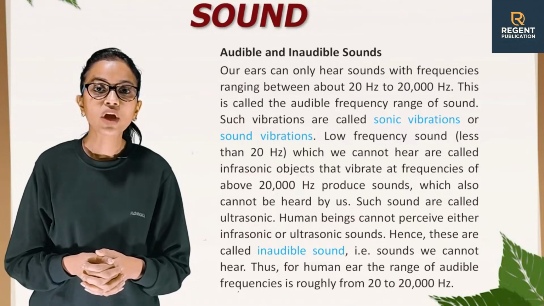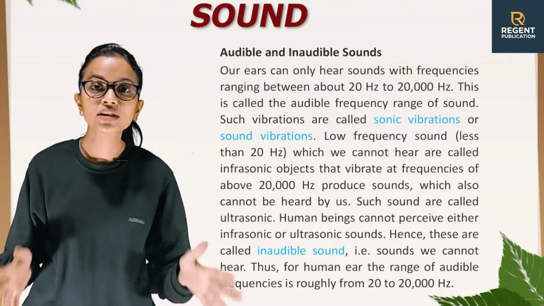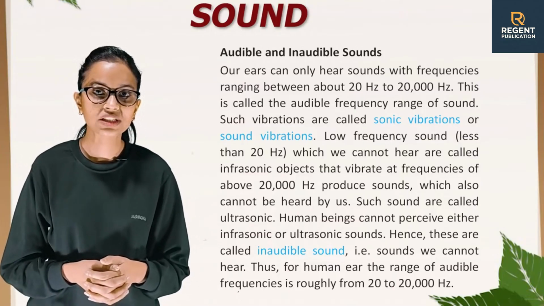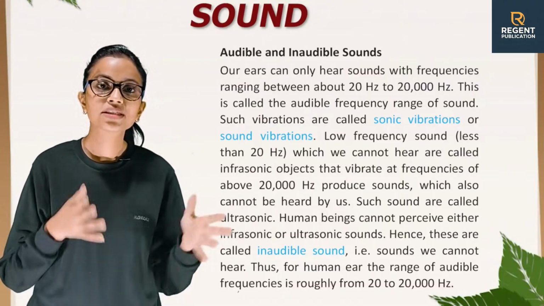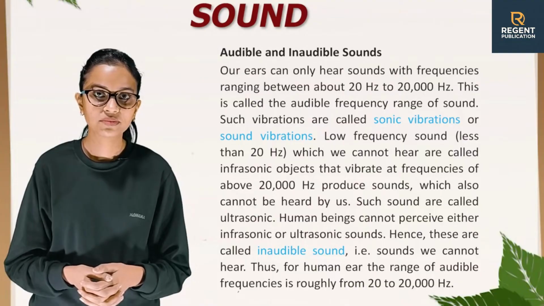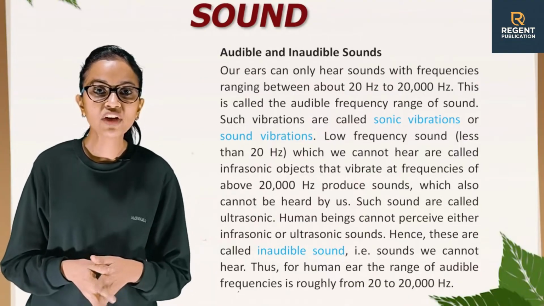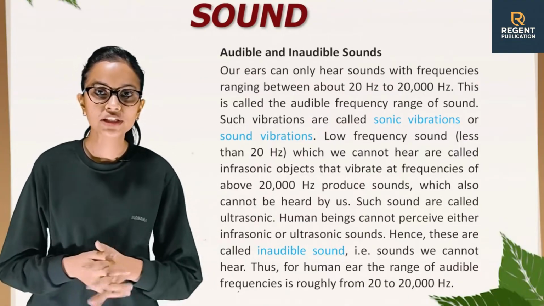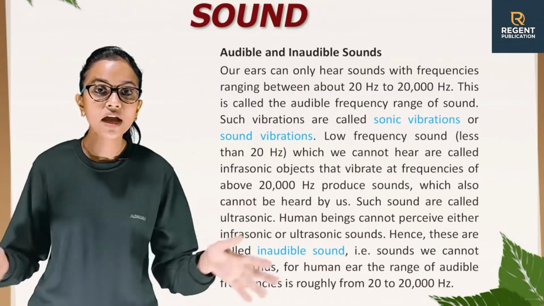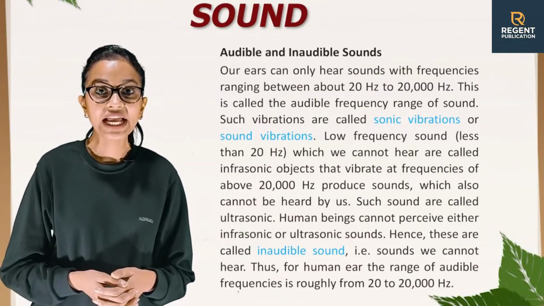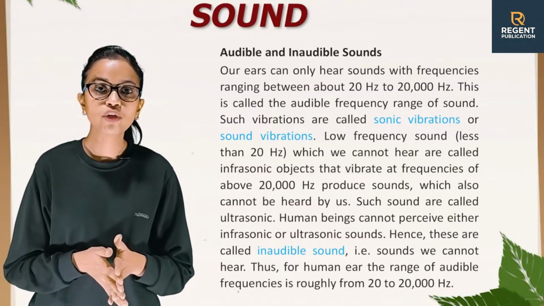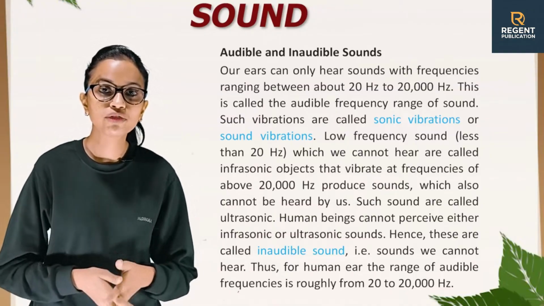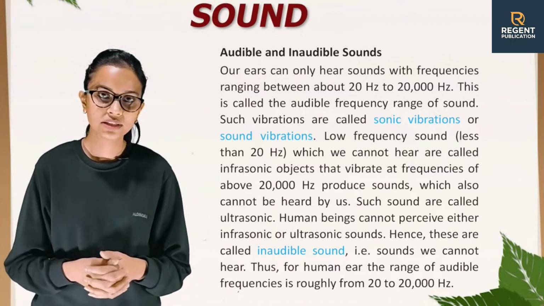Objects that vibrate at frequencies above about 20,000 Hz produce sounds which also cannot be heard by us. Such sounds are called ultrasonic. Human beings cannot perceive either infrasonic or ultrasonic sounds. Hence, these are called inaudible sound, that is, sound we cannot hear. Thus, for the human ear, the range of audible frequencies is roughly from 20 to 20,000 Hz.